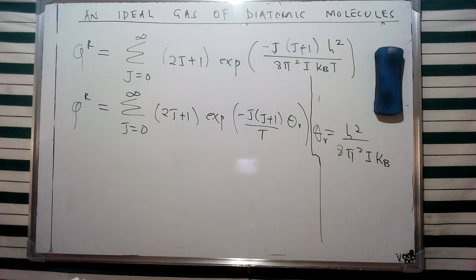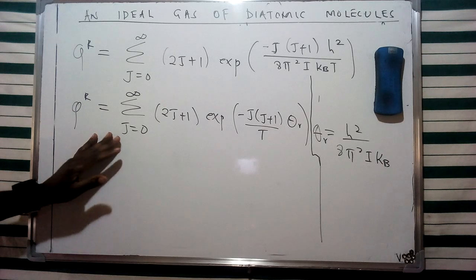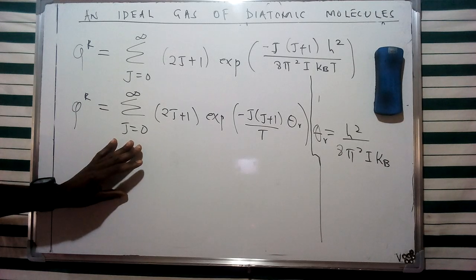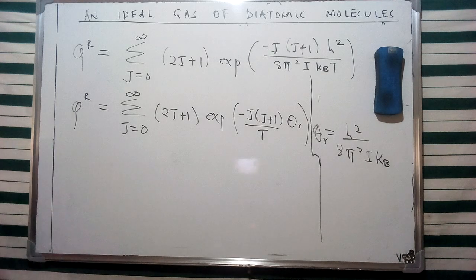And of course I had mentioned that this expression is going to be quite relevant for us in determining whether a molecule is going to display classical or quantum behavior depending on various temperatures.